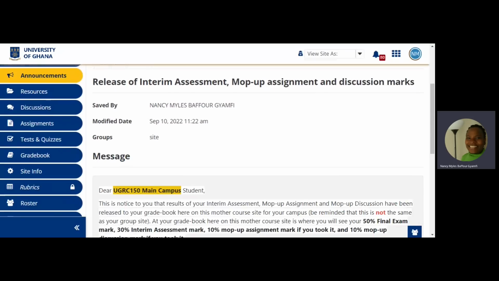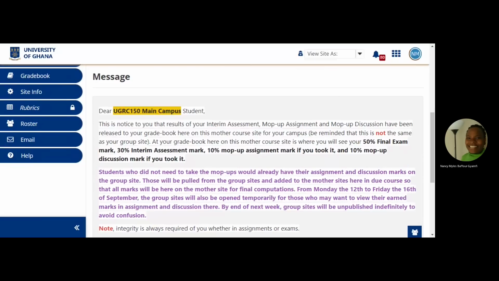But people who didn't take the mop-ups, because they didn't need to, maybe they got 10 in the forum and 10 in assignment one, why should they go and take a mop-up? They didn't take it. Now they are worried that they don't see any mark for the forum and the assignment, only a dash. They ask why, and say if we knew that, please open it again for us to take. I said, hey.